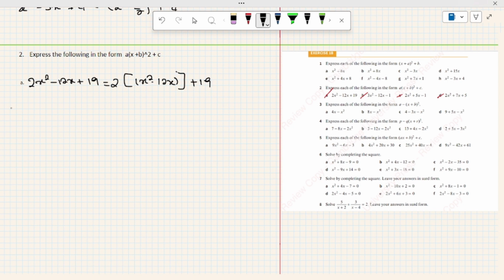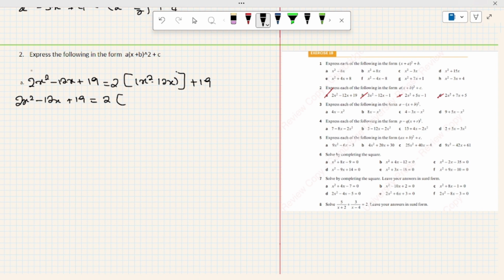This is the first step. Then 2x squared minus 12x plus 19 equals 2. Now you complete the square of the bracket.